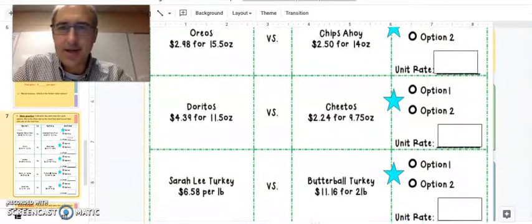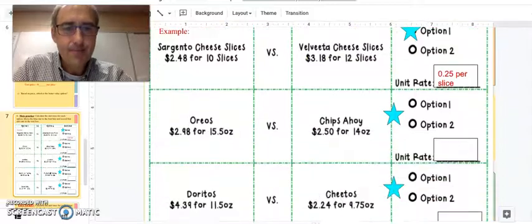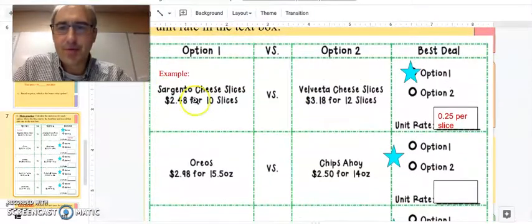All right, this next sheet, it's kind of all combined. Here's some more practice. We'd like you to try each one of these. You're going to move a blue star to where the best buy is and record that unit rate in the text box. So this first one, we have option 1 for cheese and option 2.